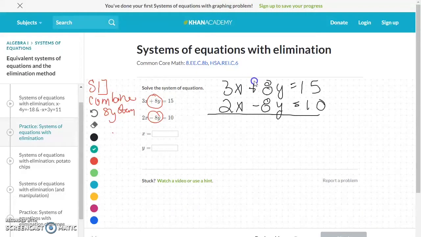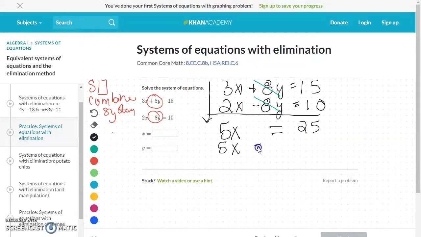If you notice, I wrote them down vertically, and I just drew a line through positive 8y and negative 8y, because any term and its opposite reduce to 0. We don't use the term cancel out anymore. Then you just combine them vertically, going from top to bottom. 3x plus 2x is 5x. 15 plus 10 is 25.